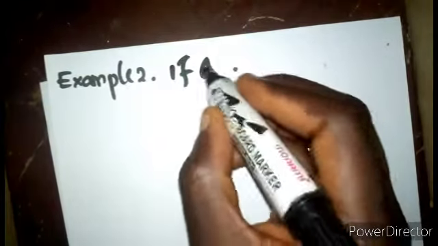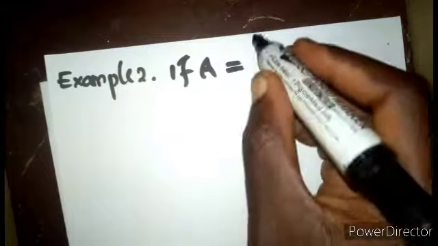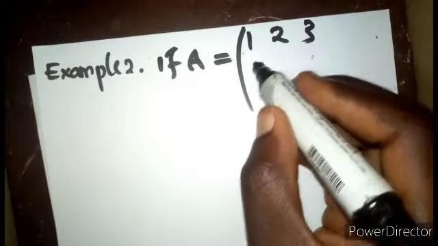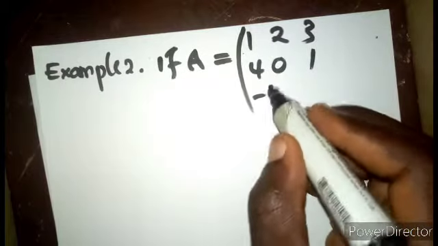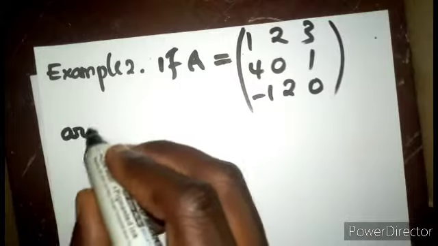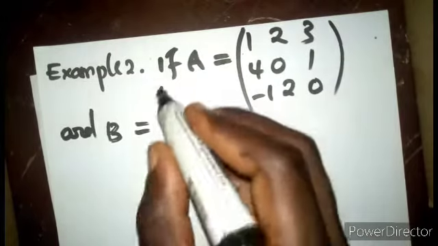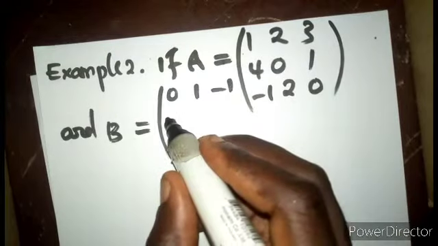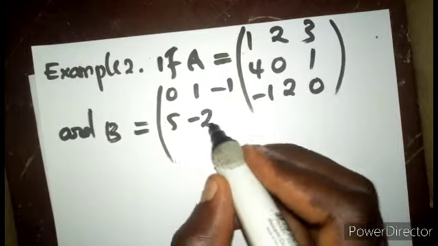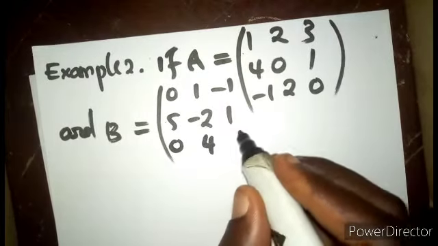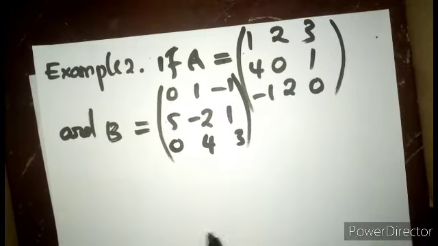Now, example 2. If A is a 3 by 3 matrix, we have 1, 2, 3, 0, 1, minus 1, 2, 0. And B is the 3 by 3 matrix 0, 1, minus 1, 5, minus 2, 1, 0, 4, 3.